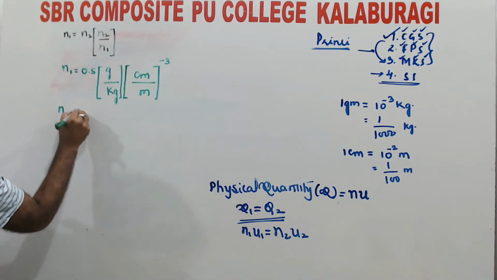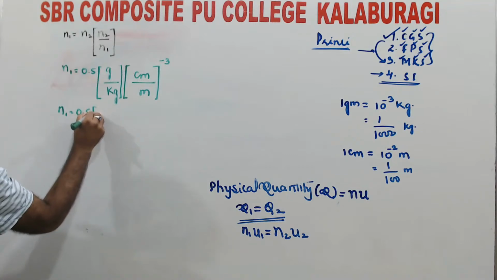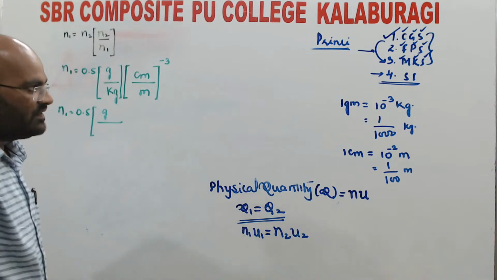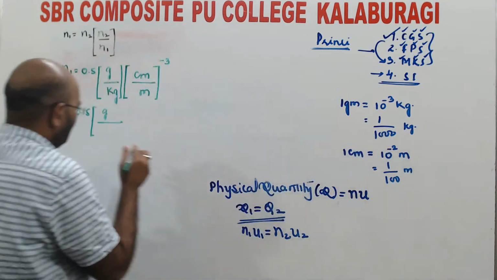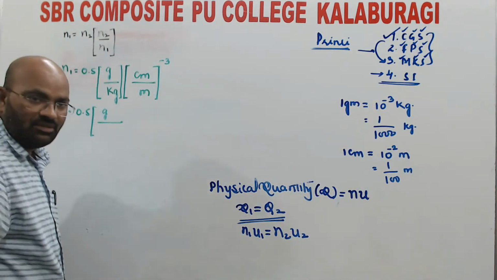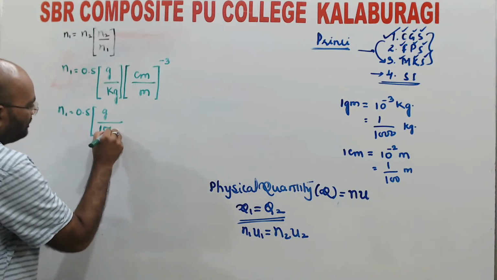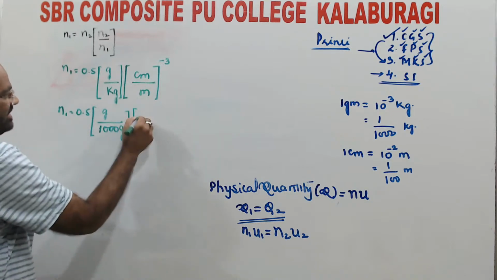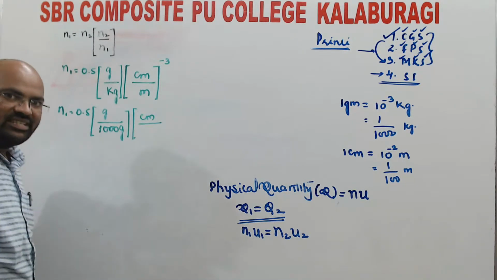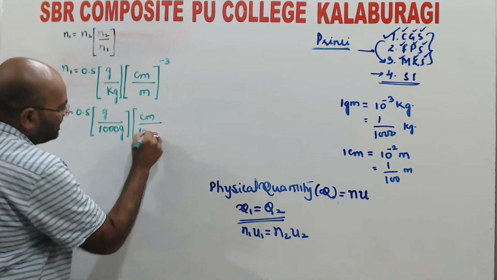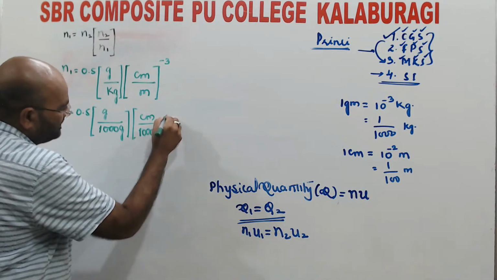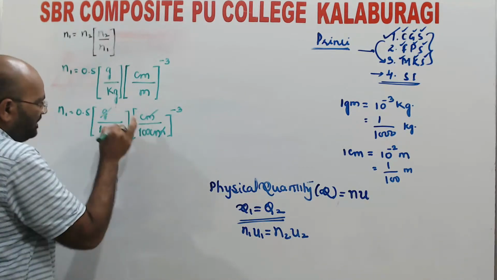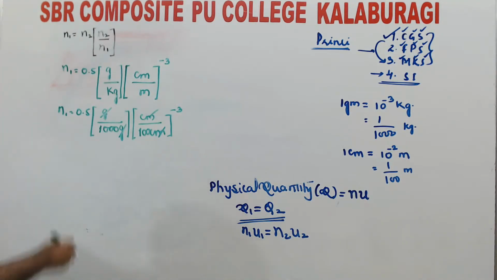N1 is equal to 0.5 into gram divided by, for 1 kg, how many grams? 1,000 grams. Then centimeter, keep it as it is. For 1 meter, how many centimeters? 100 centimeters. So centimeter and centimeter will be cancelled, gram and gram will be cancelled.